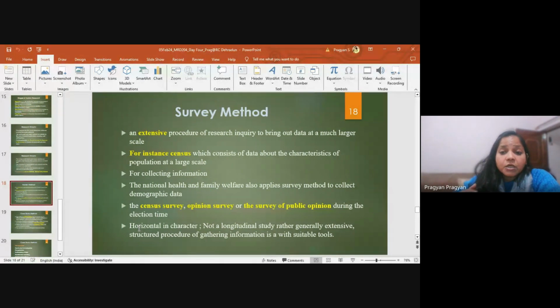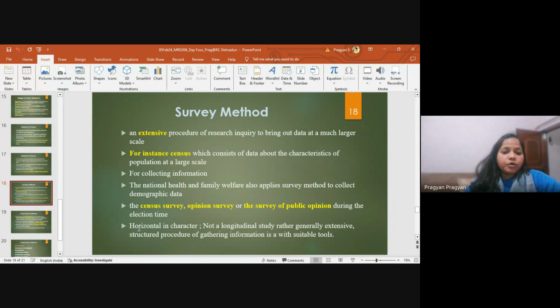Survey method is making the space as broad as you can. When you are minimizing the space of your population, you are shifting gradually to the case study method. But when you are talking about a larger population, only the survey method is going to help you. So census survey and opinion survey are very good examples to understand how the survey method works.